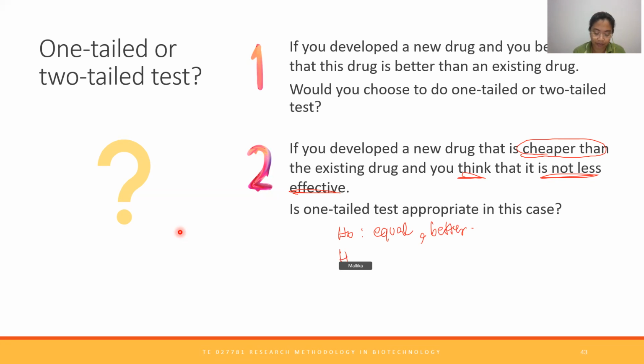And your alternative is less effective. So it's a one tail test, because your alternative is only one case.